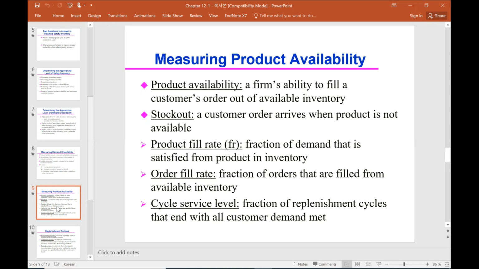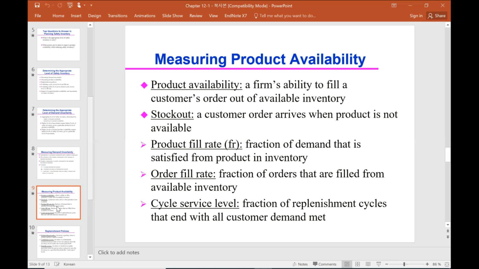When we have a cycle in inventory management, that is a time period. So you remember, when I talked about the cycle in the EOQ, that cycle indicates the time between orders, okay? So once you place an order, what's the time duration you have to wait until the next order? That is a cycle, okay?